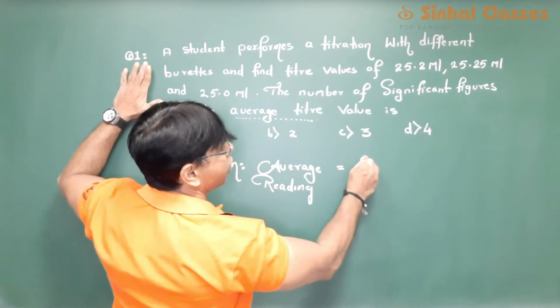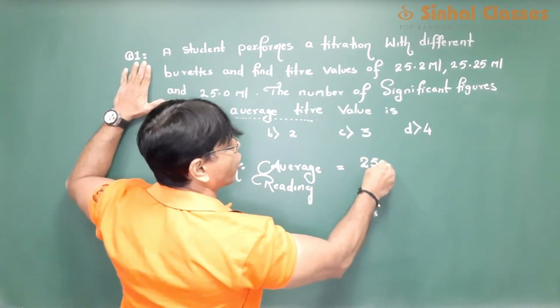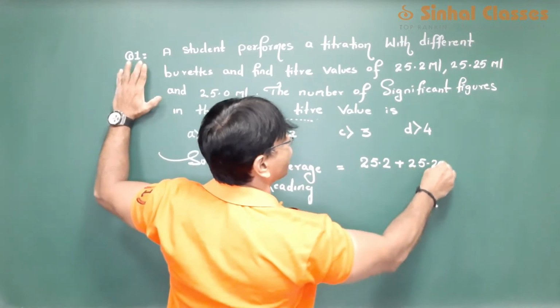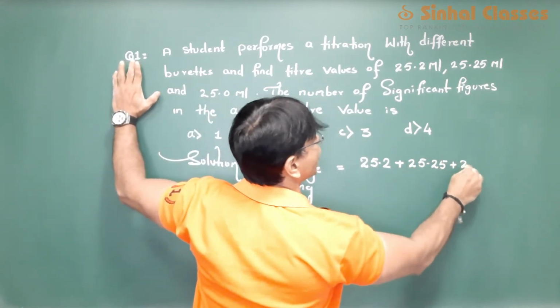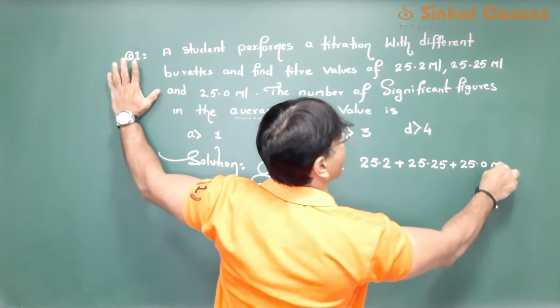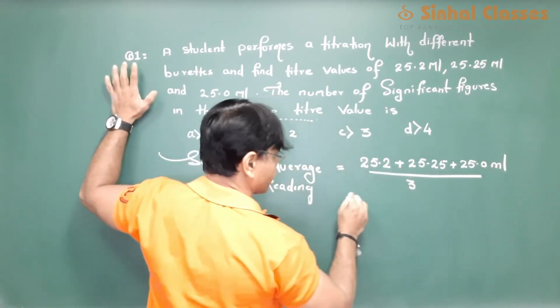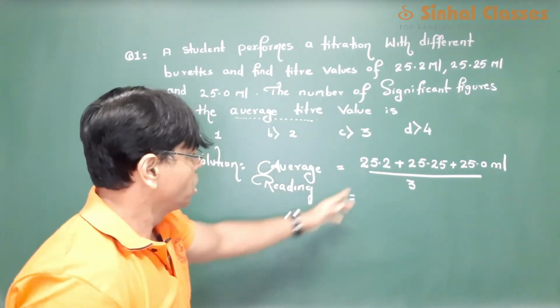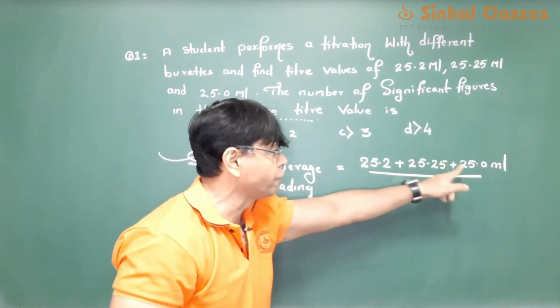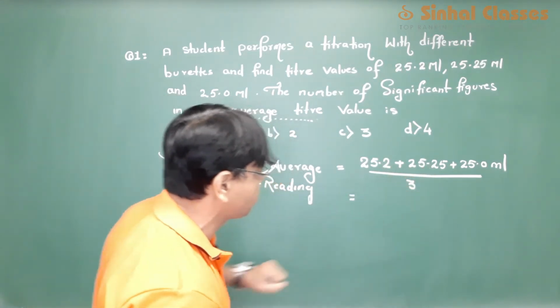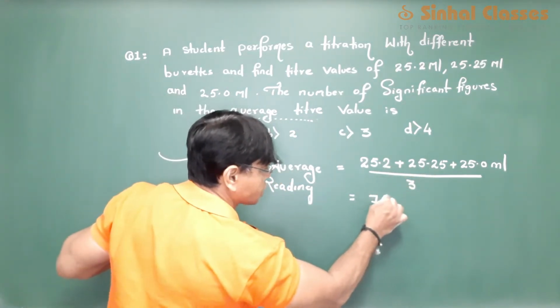So add them all: 25.2 plus 25.25 plus 25 ml, divided by 3. Now 25 plus 25 is 50, 50 plus 25 is 75, so the sum is 75.45.